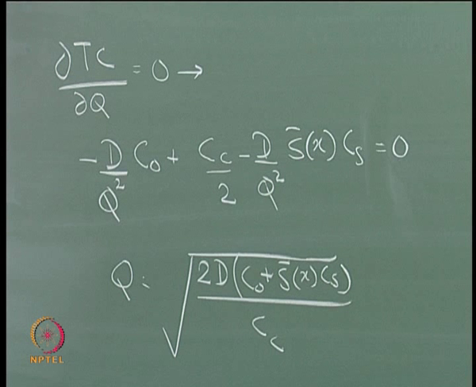Partial derivative of TC with respect to Q equal to 0 gives minus D by Q square times (C naught plus S bar of x Cs) plus Cc by 2, from which Q equals root of 2D (C naught plus S bar of x Cs) divided by Cc.